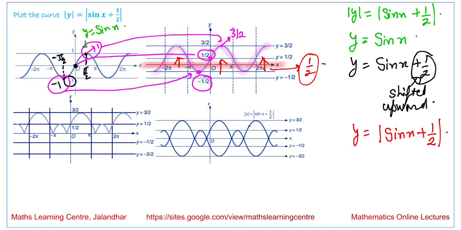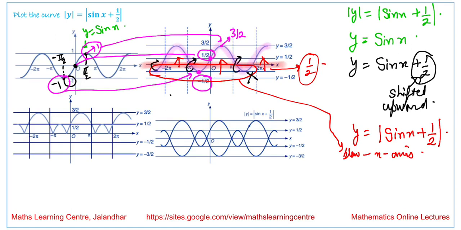For this, this is the part of the graph which is below the x-axis. We have to discard this part of the graph and take the image of this portion along the x-axis.